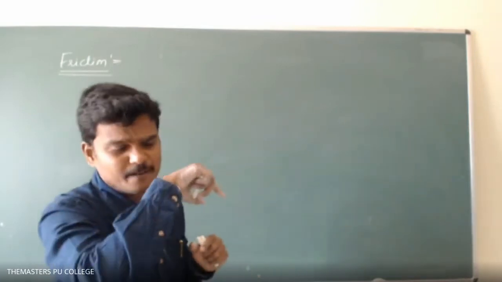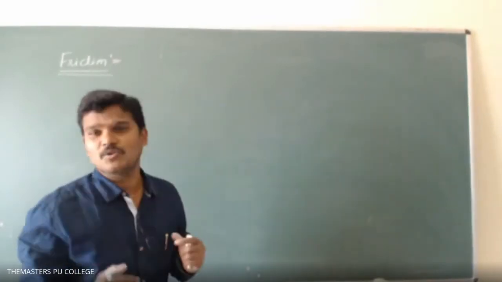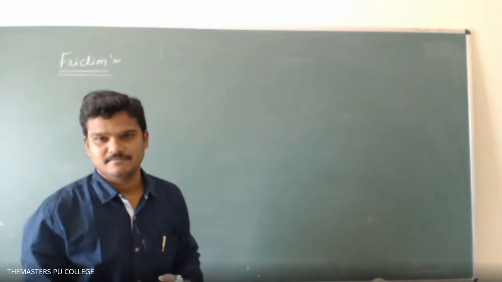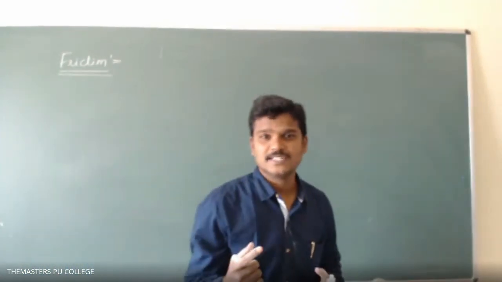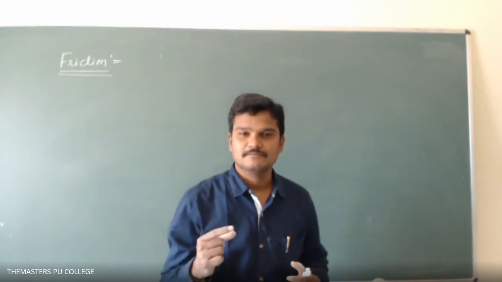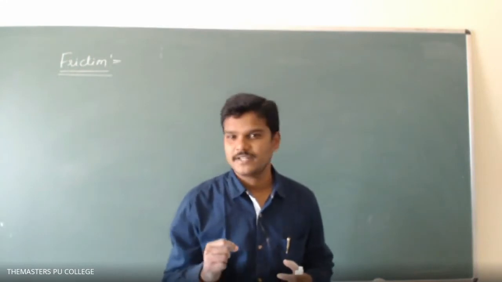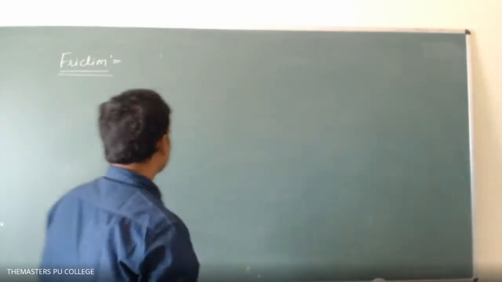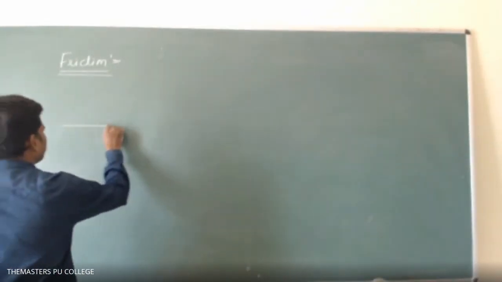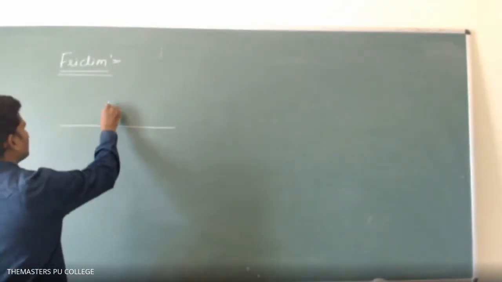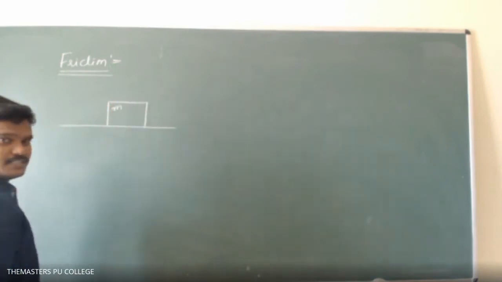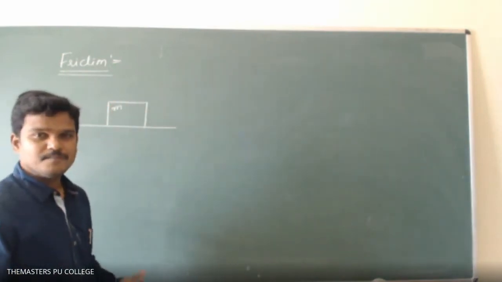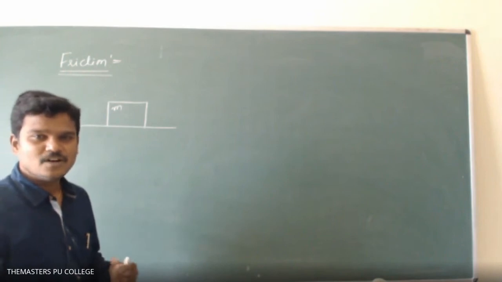In the same way, for any two bodies in contact, suppose I place a block on a horizontal surface. This is the block whose mass is m, placed on a horizontal surface.